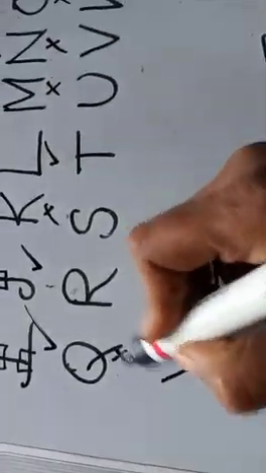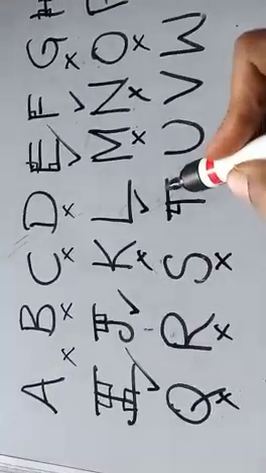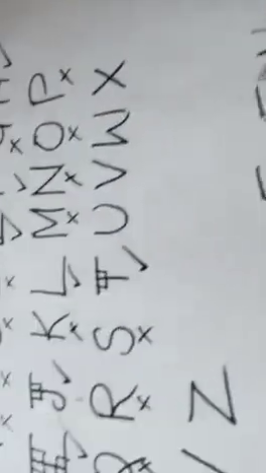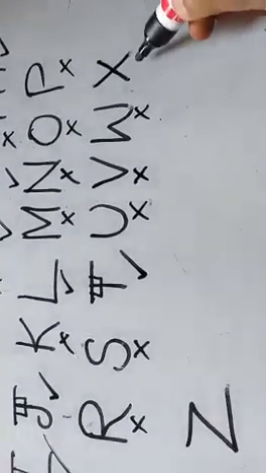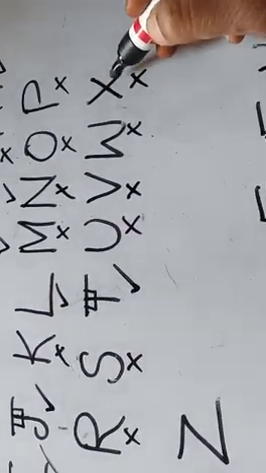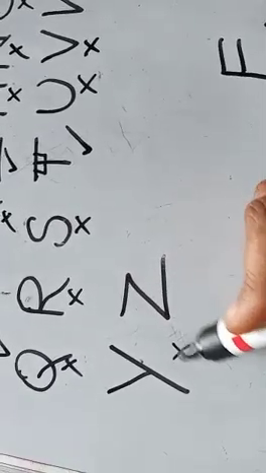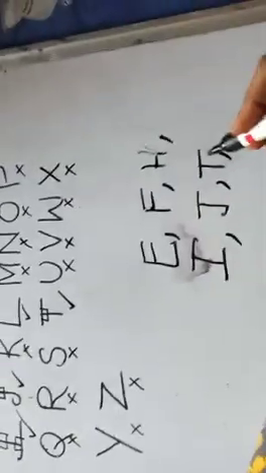Next Q, no. R, no. S, no. T, yes. Here 90, here 90, yes. T. U, no. V, no. W, no. X, no. Here the angle is less than 90. Y, no. Z, no. So what are the alphabets you got?